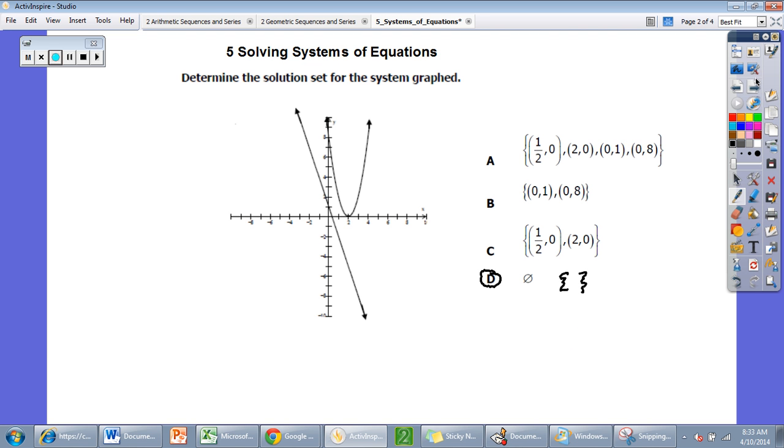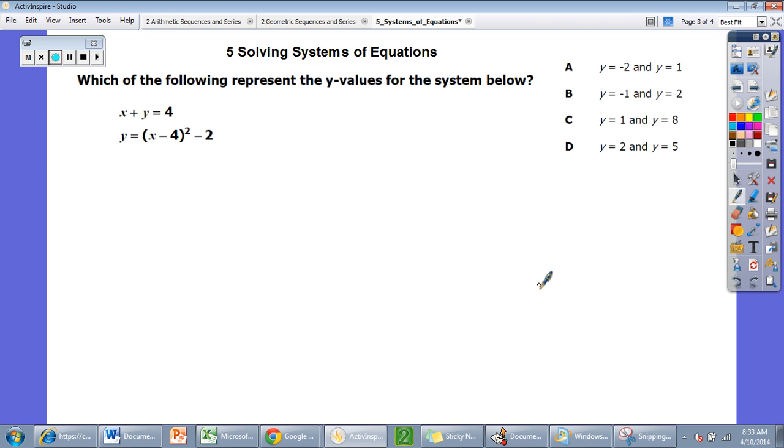Now a more complicated example would be something like this: which of the following represents the y values for the system below. So I'm going to first show how to solve this system algebraically, and then I'm going to show how you could solve this by graphing it on your calculator. So what I'm going to do is use substitution to solve this system. I'm going to take this right here.